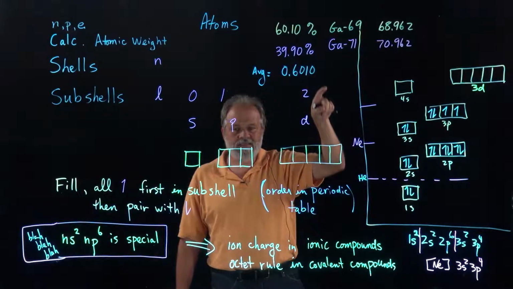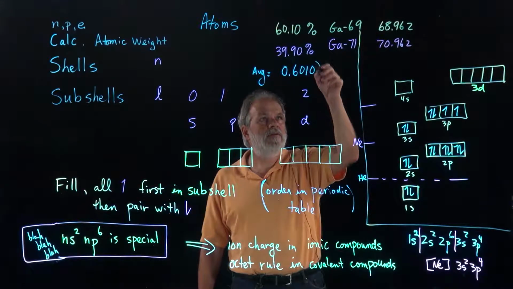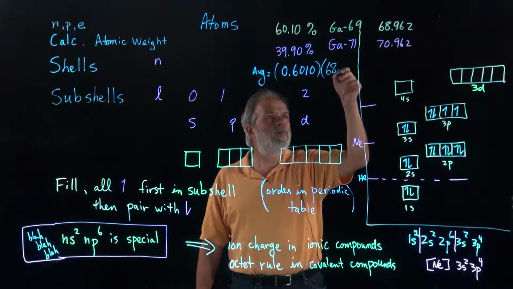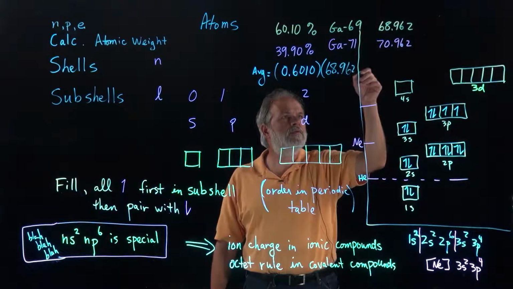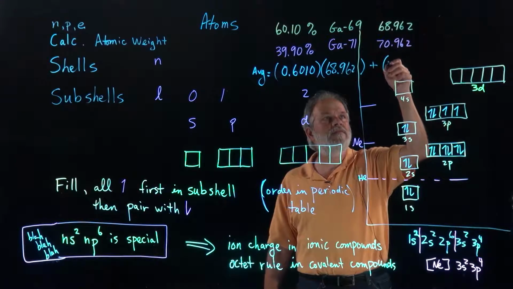So don't write 60.10, but 0.6010 times the mass, 68.962, plus the other percent times the other mass.